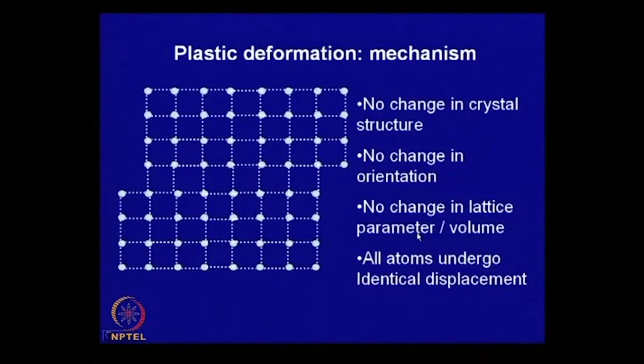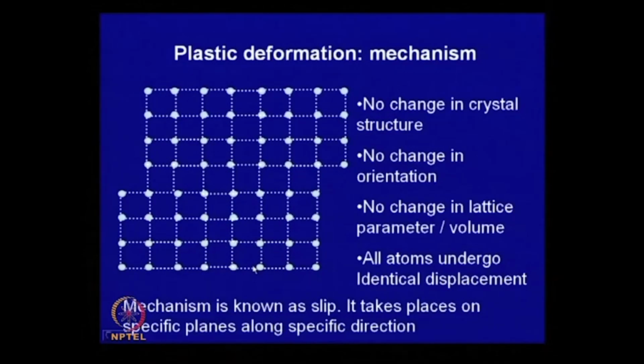If there is no change in lattice parameter, there will be no change in volume, and all atoms in the top part which has slipped over the bottom, irrespective of their distance from the plane on which slip has taken place, their displacement is identical. It is one atomic distance for each one of these. So, this mechanism is known as slip, and as has been mentioned, it takes place on specific planes along specific directions.